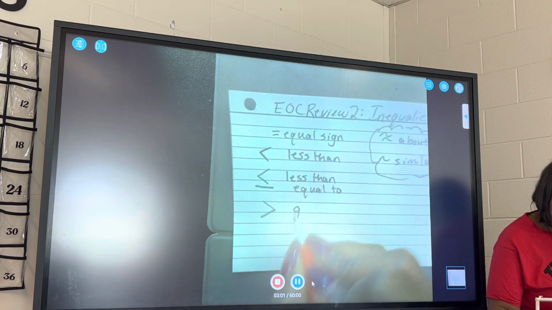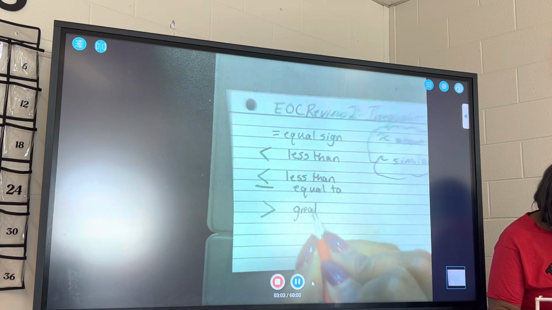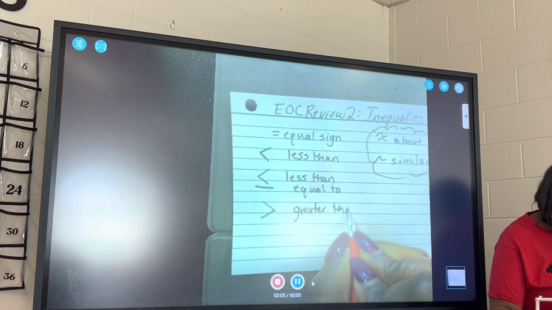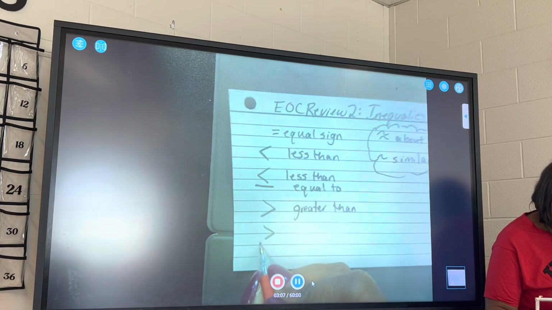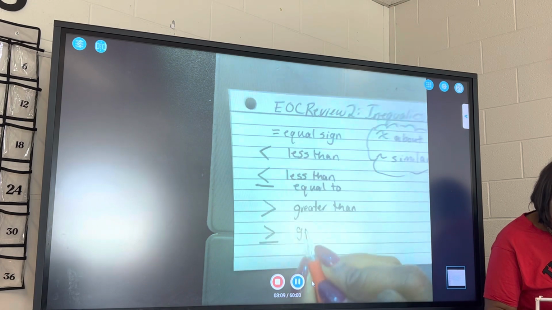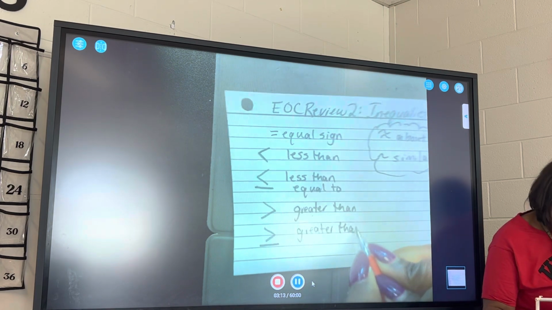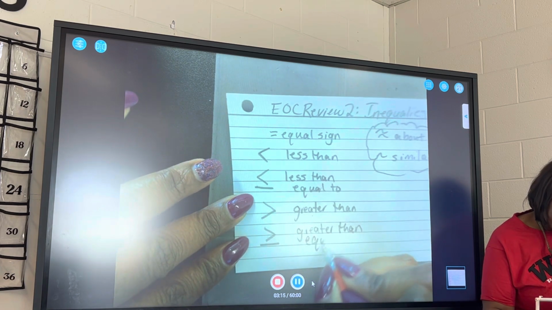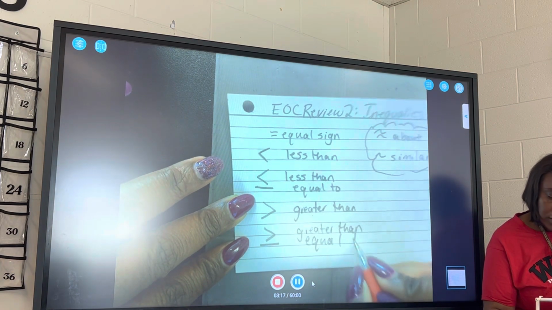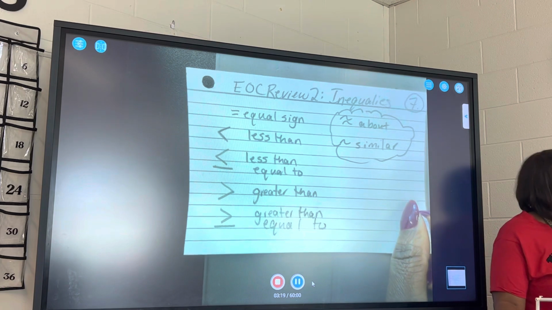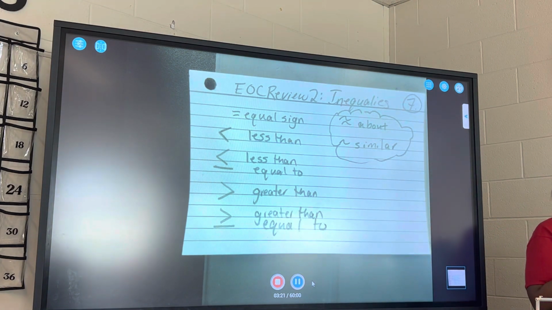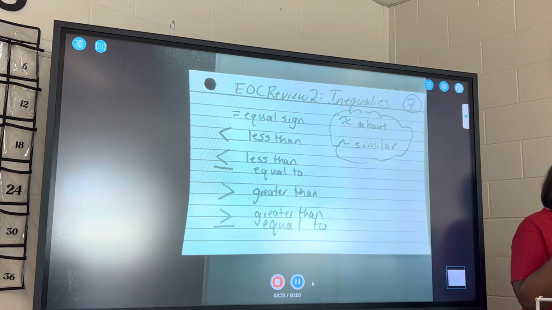This is greater than. And then we have the same symbol but with an equal sign under it, greater than or equal to. In order to solve inequalities, you're going to use the same directions that you use for solving an equation.